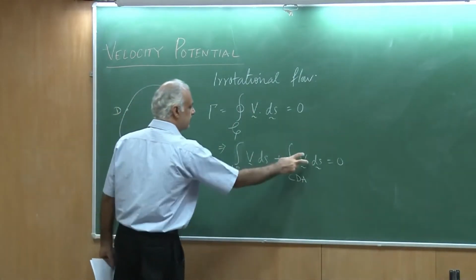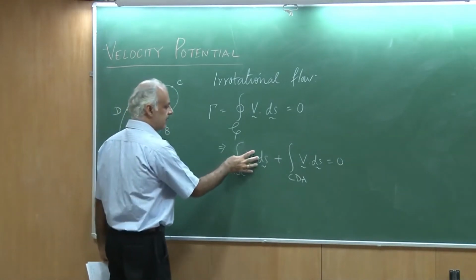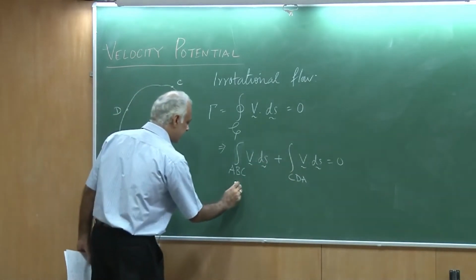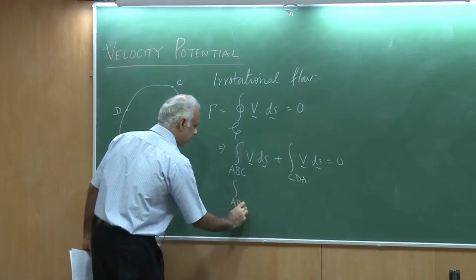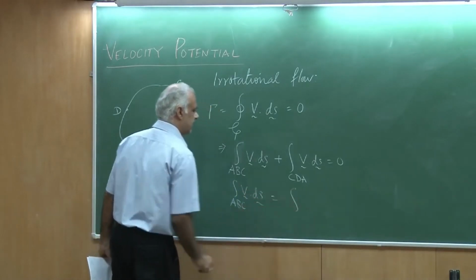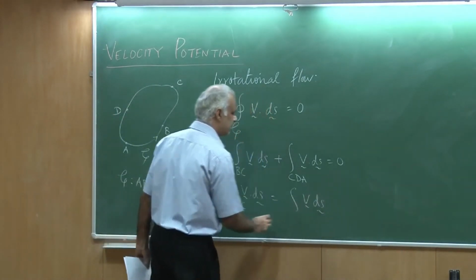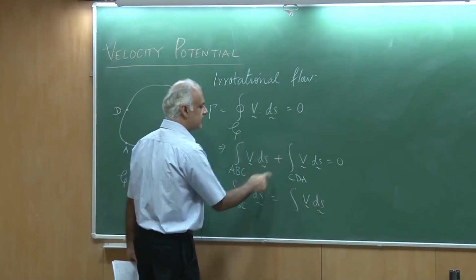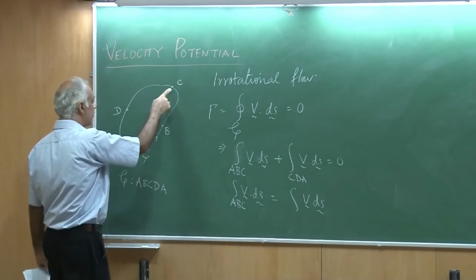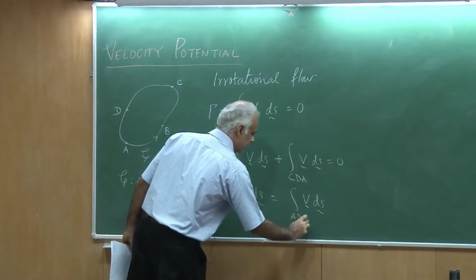Essentially, the sum of these two integrals is 0, or in other words, this integral is the negative of this integral. So, I will rewrite it as the integral over A, B, C of V dot ds, and instead of putting a negative sign here, I am going to reverse the direction. So, instead of going from C, D, A, I will now go A, D, C.